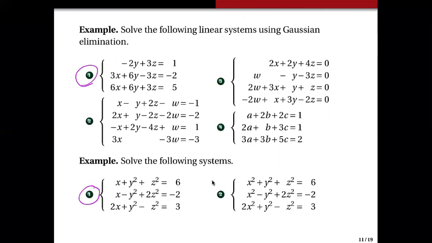Now, if we look at these last two examples here, notice you have y squared, z squared. Here you also have those squares. I did not say that the system is linear. I just said solve the following systems.